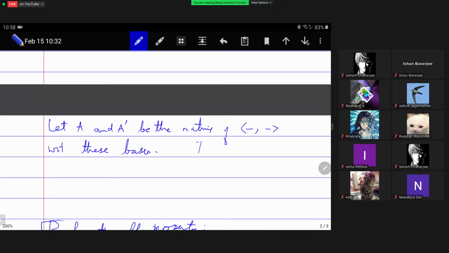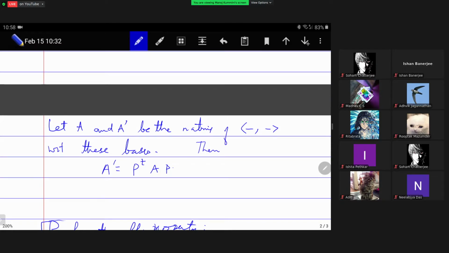Then A prime is P transpose A P. It's not a similarity transformation. Similarity would be P inverse. So we're not saying A prime is similar to A, but A prime is P transpose A P.